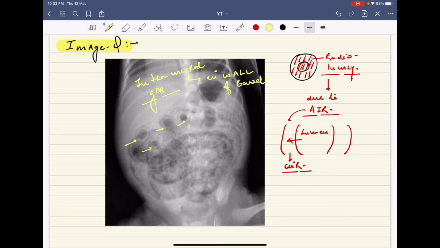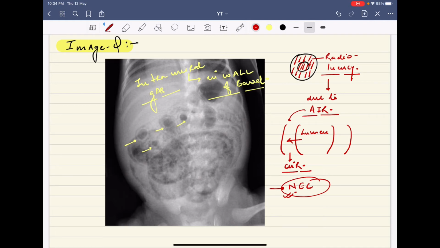Now what is the diagnosis which comes to your mind when this intramural gas is seen in the pediatric X-ray? So the diagnosis which comes to our mind first of all is necrotizing enterocolitis. So this is one of the conditions in which this type of scenario can be seen.